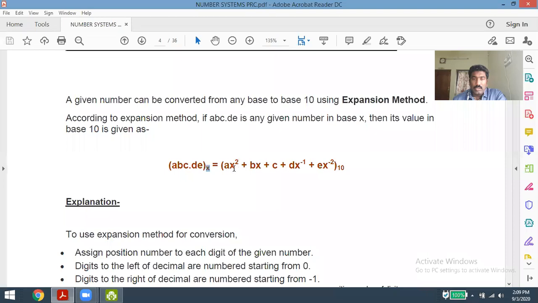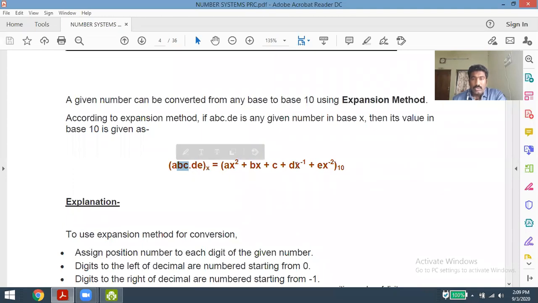Here x is nothing but the given base. What is the base given in our problem? We use that base here, and the powers are nothing but our bit positions. That is, C is the 0th bit, B is the first bit, and A is the second bit. So these powers are the bit positions, and x is our base value. After the real value, we have the fraction part, point DE.